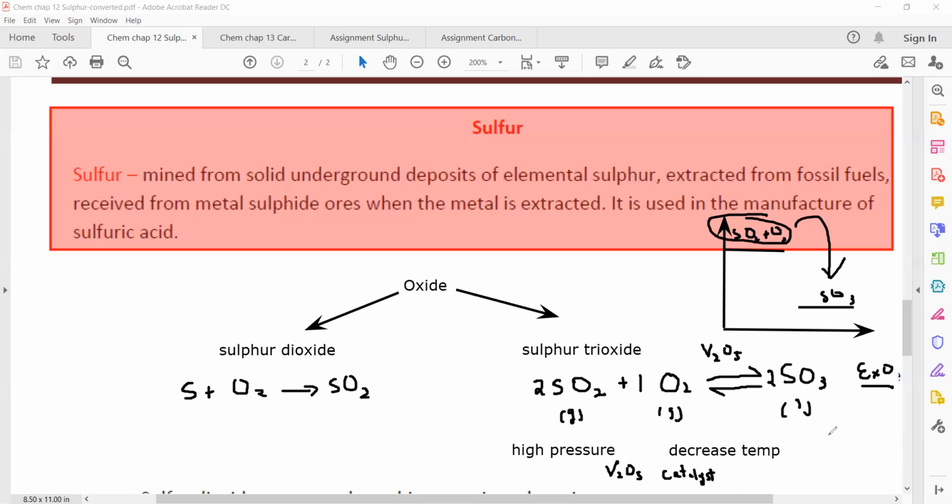Is it clear? The oxides of sulfur, two oxides, sulfur dioxide and sulfur trioxide. Any doubt in this part?